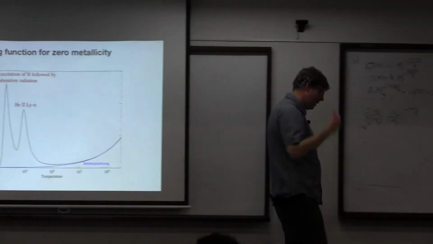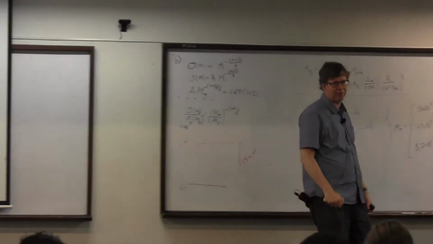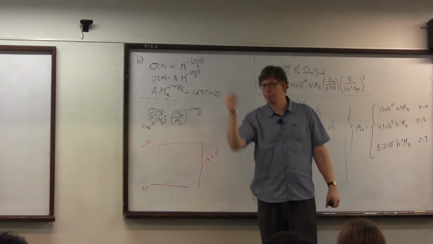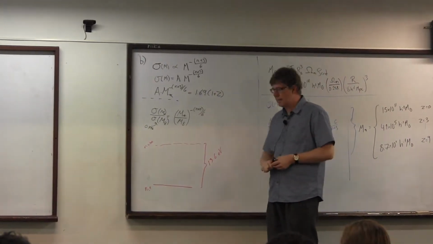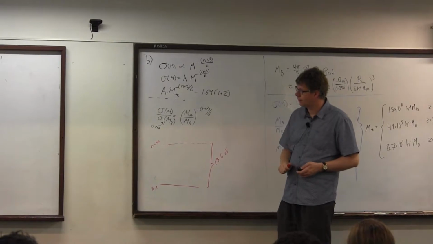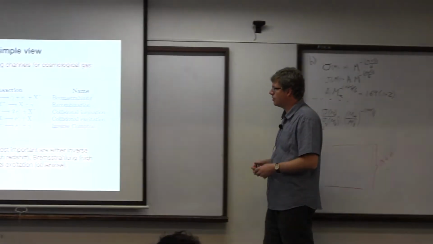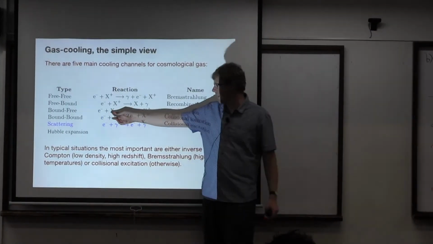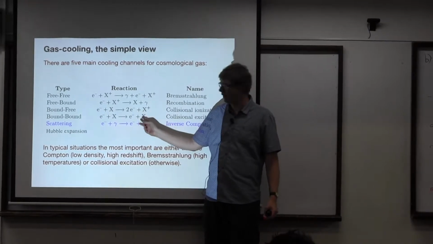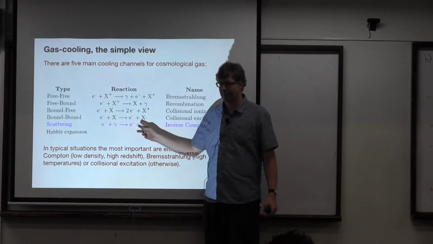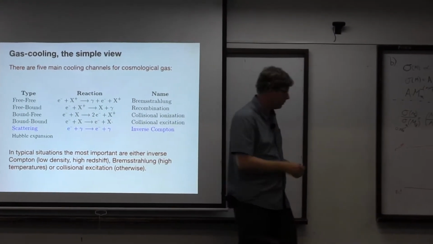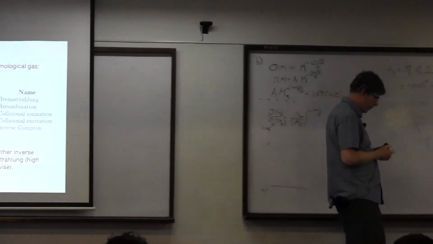And so you can say, oh, maybe you can get electrons from somewhere else. Maybe somebody will just put electrons into your gas. Well, even so, you can say, okay, I don't need to ionize my gas, I can just excite it. Which is fine, you can do that. That is the most important process after all.